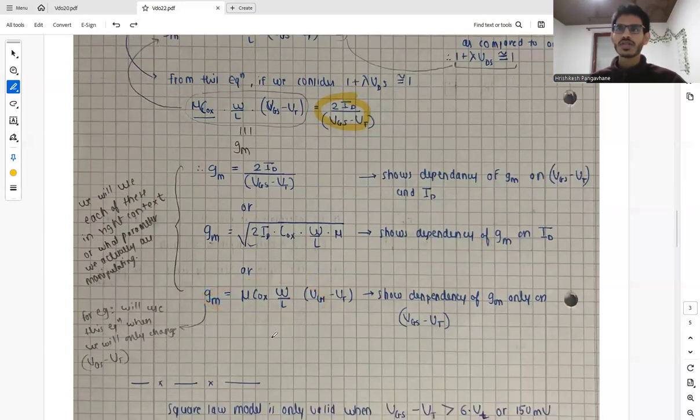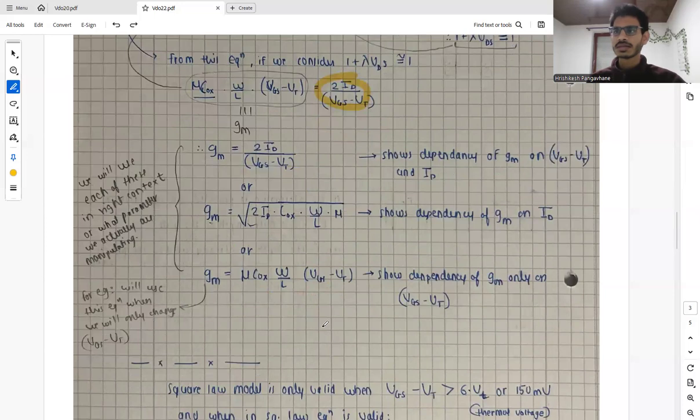And we will use each of these in the right context, depending on what parameter we are manipulating. For example, we will use this equation for gm when we only change the parameter VGS minus VT. So it depends on the indications and trade-offs.